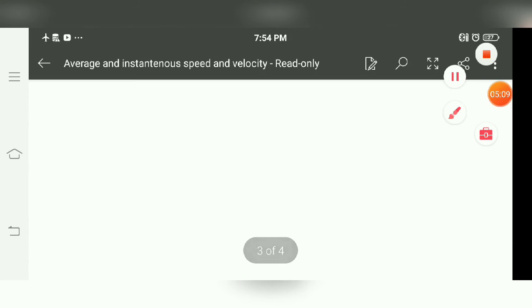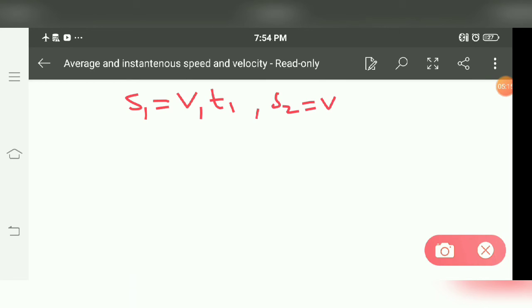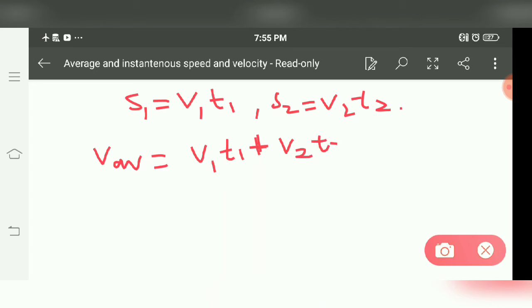So S1 is V1 into T1 and S2 is V2 into T2. So V average is equal to V1 T1 plus V2 T2 upon the total time taken, T1 plus T2.